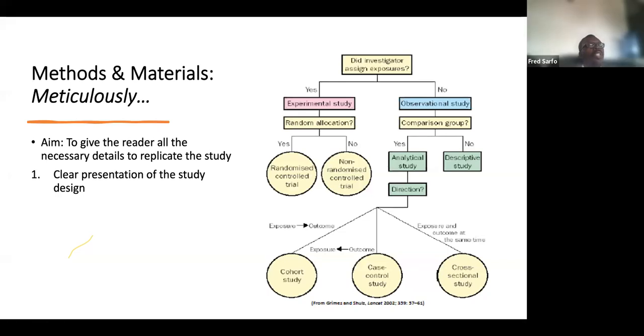You can take somebody's research methods and apply them in a different context and see whether you get the same or different results. An example is what I told you about. The INTERSTROKE study used a protocol to assess risk factors for stroke around the world. We used a similar protocol in Ghana and Nigeria, and our results were different because the patient characteristics were different.